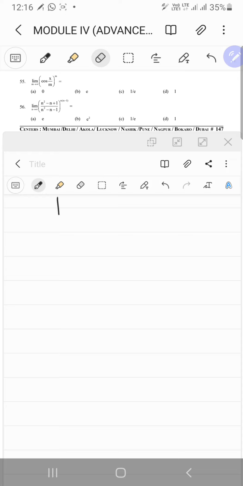So should this just be 0 or what? No, wait, that's not gonna work. M approaches infinity, cosine of x upon m. That thing is definitely approaching 0, so cosine is approaching 1, so 1 to infinity, we don't know what that is. This could be anything. I mean, it could be 1 upon e or it could be 0. I think it can be 1 upon e. Yeah, it should be 1 upon e in that case.